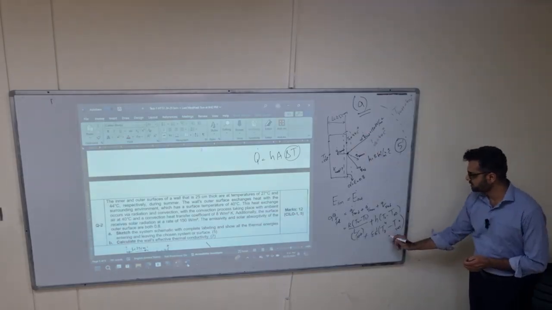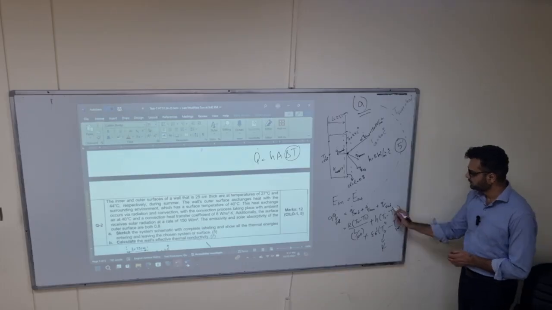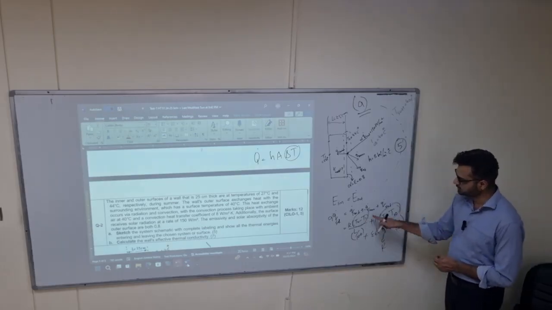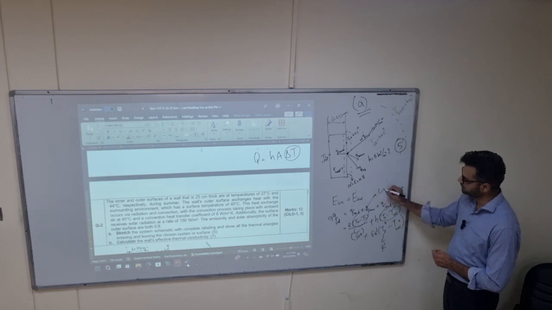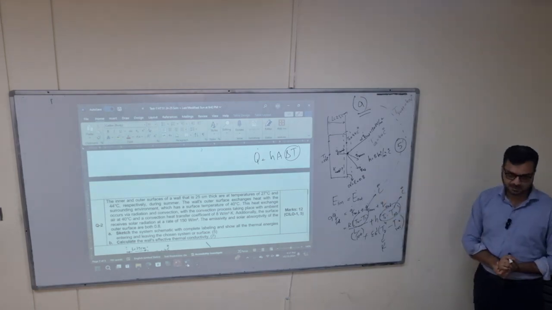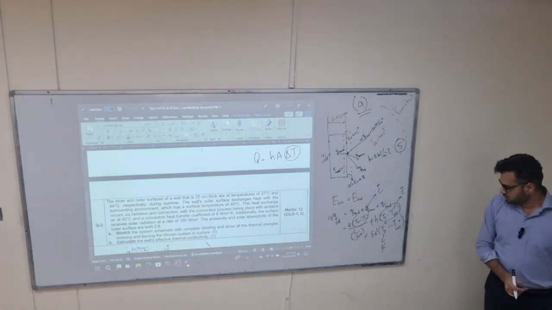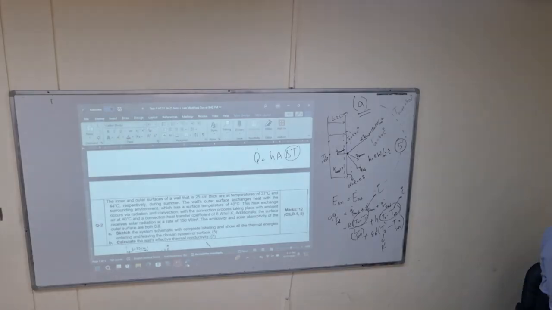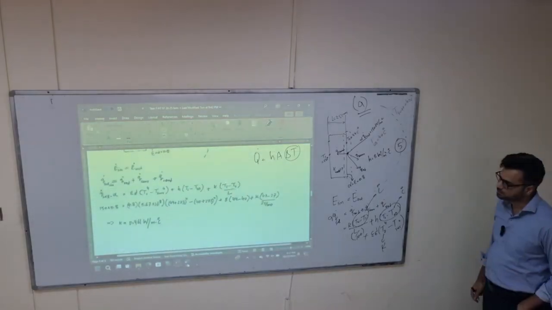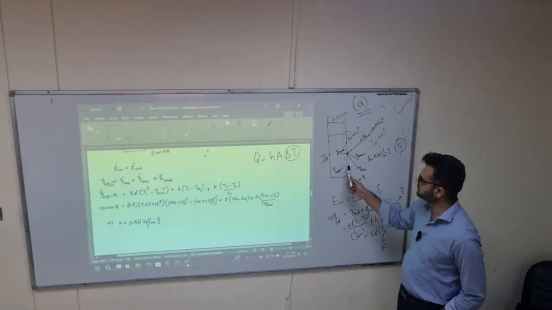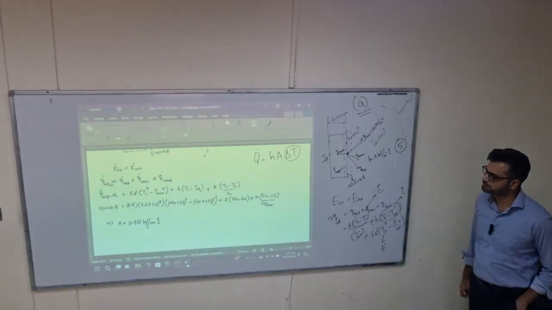Okay, here it must be Kelvin. Here it's up to you whether you use Kelvin for both or Celsius for both, because that is simple delta T. So here is the solution. So answer is 0.961, thermal conductivity of that wall.